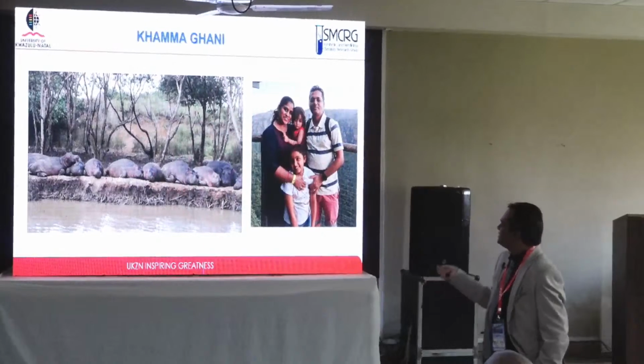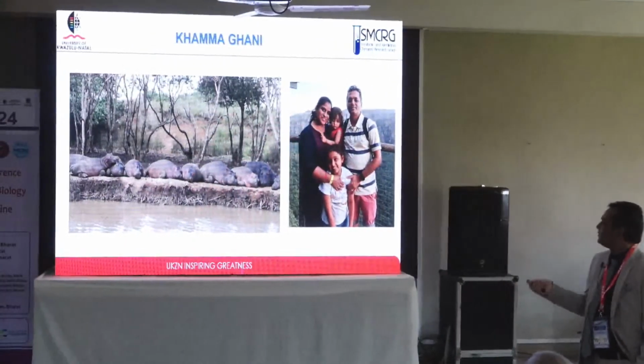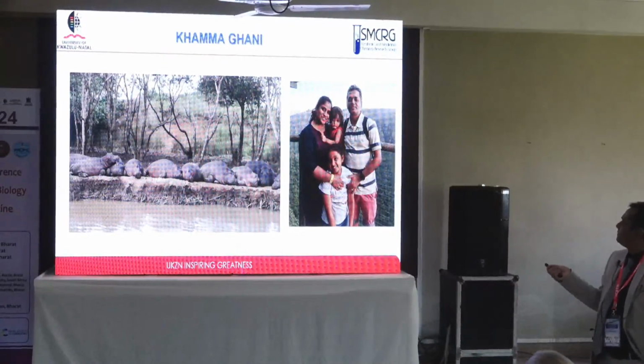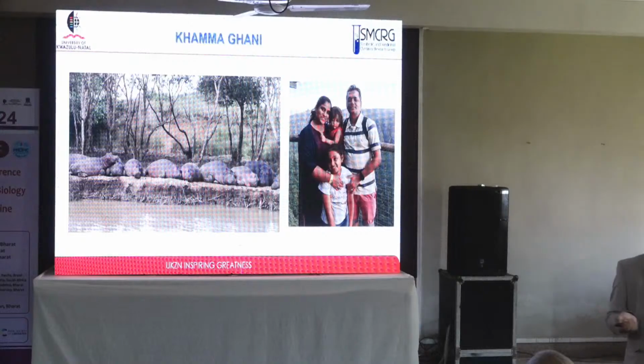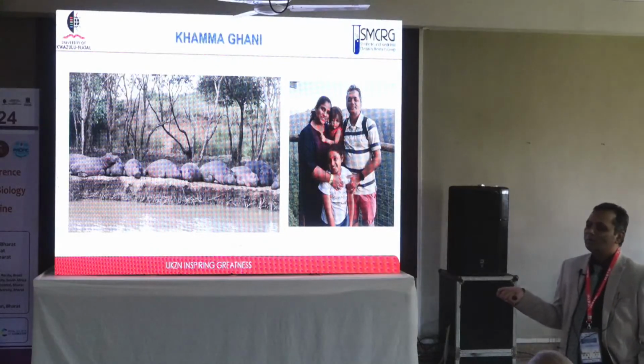So, this is my family, my wife Prithvi, my son Dheera, and my daughter Vivi, that's myself. We live in Durban, and this is St. Lucia, hippopotamus. And believe me, these are baby hippopotamus, they're not the fully grown hippopotamus.